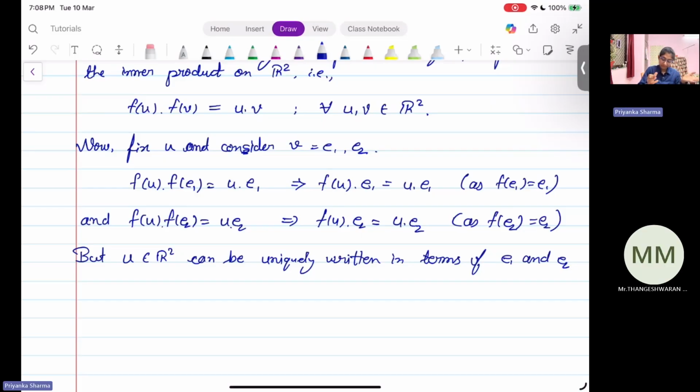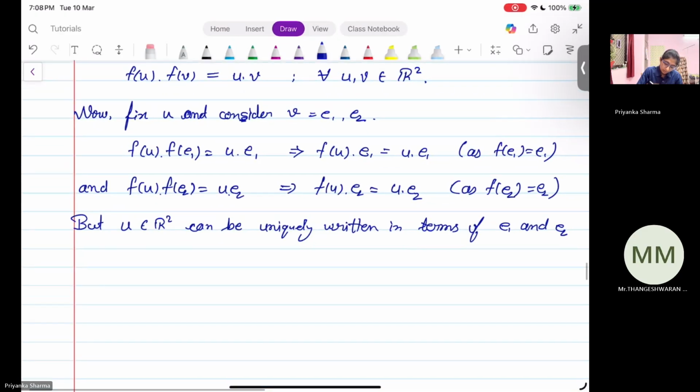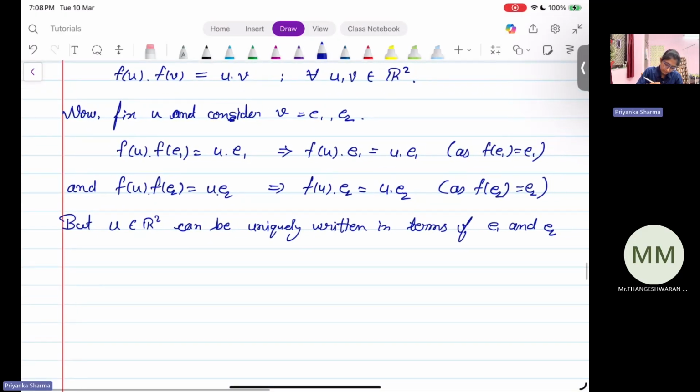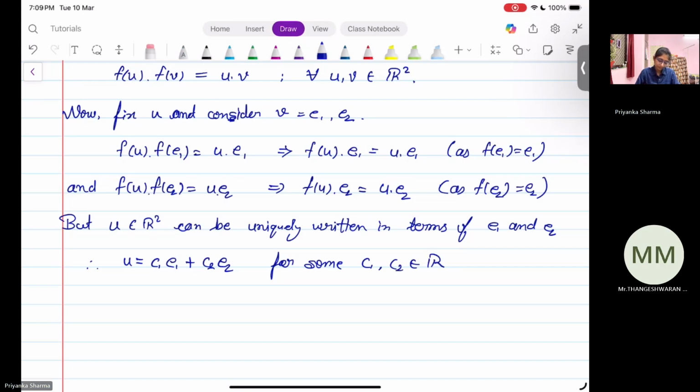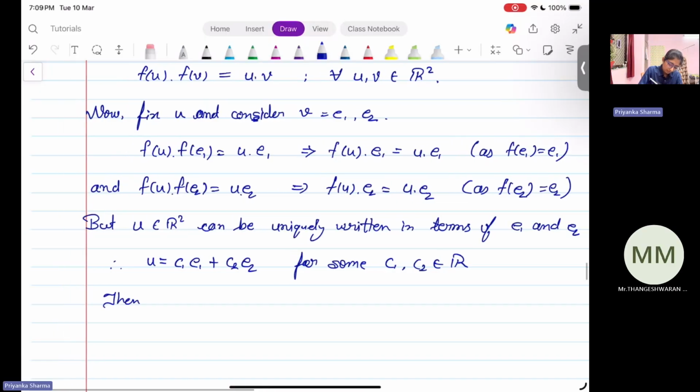You can see this from linear algebra because e1 and e2 are basis elements. So u is c1 e1 plus c2 e2 for some c1 and c2 belonging to R. Then what will be Fu?